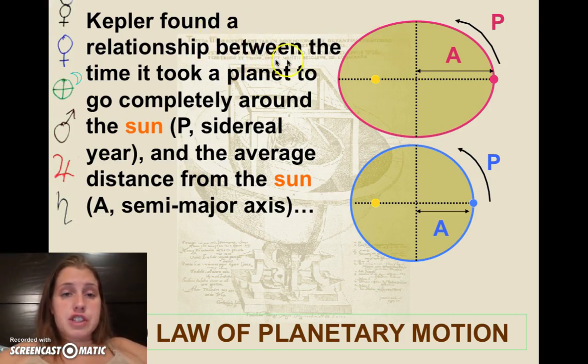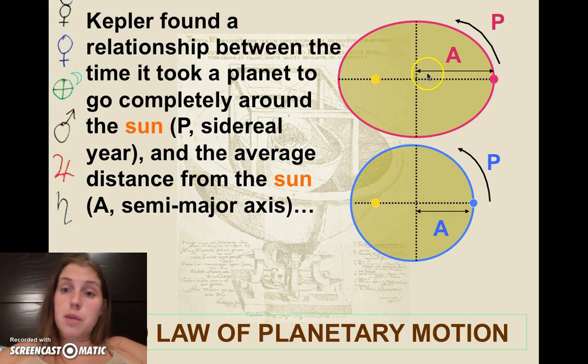Kepler found a relationship between the time it took a planet to go completely around the sun, P, or period, which is essentially the year of a planet, and the average distance from the sun, or the semi-major axis. So remember, this is the sun, so the relationship is between how long it took to go all the way around one period and how large the semi-major axis was.